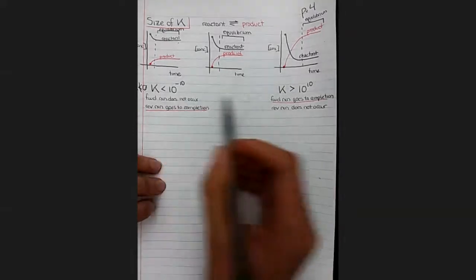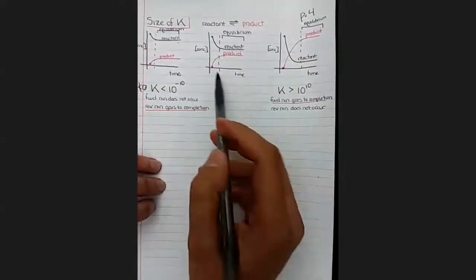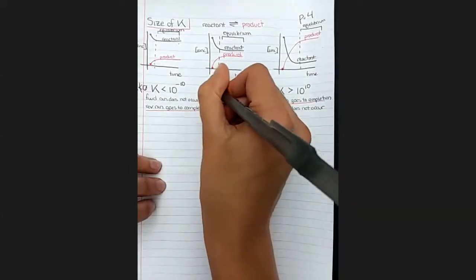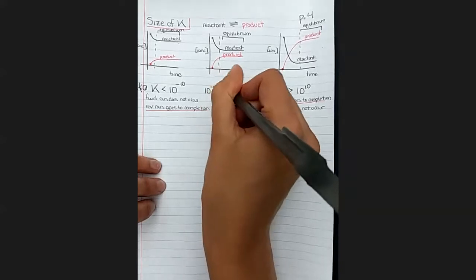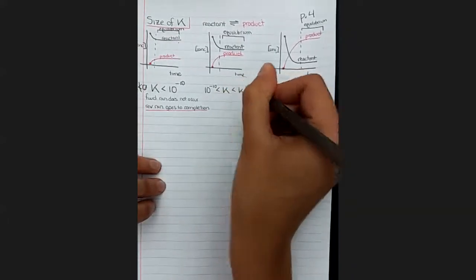Okay, so this is going to be our boundary conditions, 10 to the negative 10 and 10 to the positive 10. And so then for our intermediate condition here, K is going to be somewhere in between 10 to the negative 10 and 10 to the positive 10.